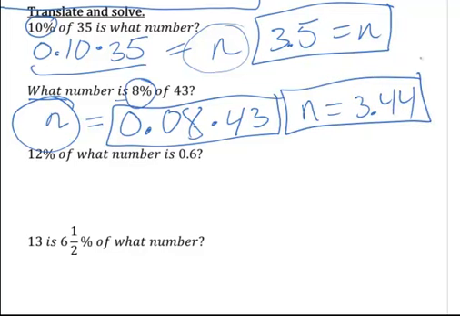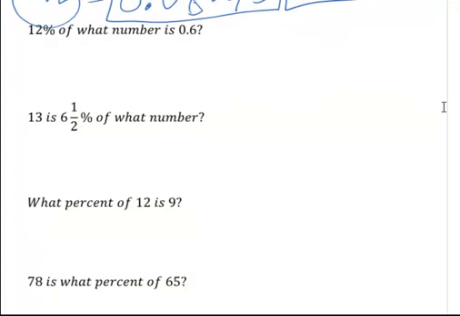All right, good deal. So now let's take a look at the next problem. It says 12% of what number is 0.6? So 12% as a decimal is going to be 0.12, of means to multiply, my letter n, is means equals 0.6. If you remember earlier, we're trying to get the letter n by itself.